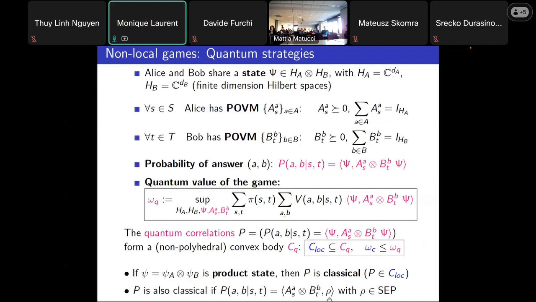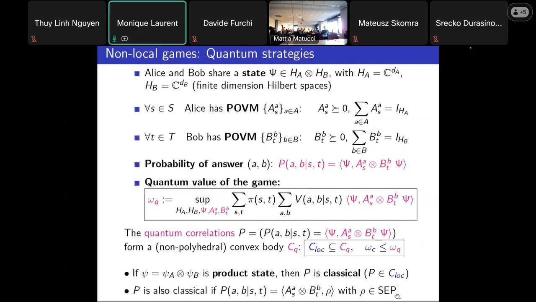But you could also take any rho which is separable, and then this would also give you a quantum correlation which is quantum but classical. So if you want to get a true quantum correlation which is not classical, you need to select a rho which is not separable. So just to make the link again with what we saw yesterday about the set of separable states.